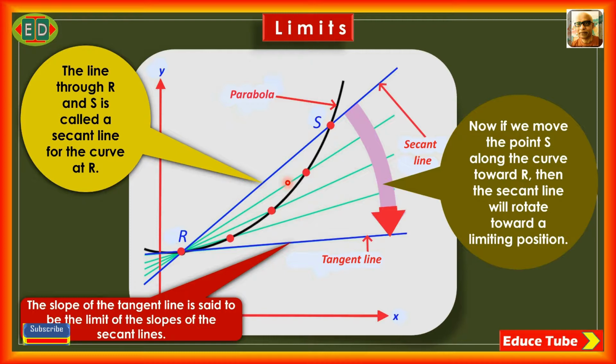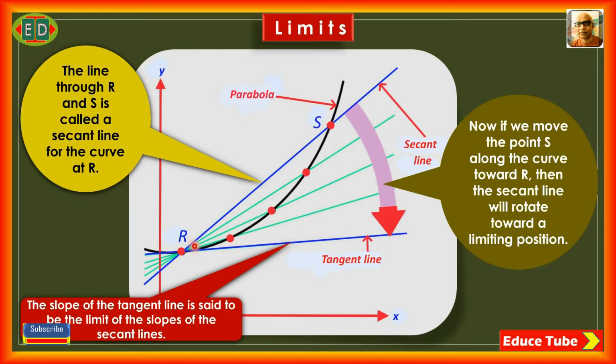Now if we move the point S along the curve towards R, then the secant line will rotate towards a limiting position. This is the limiting position line. The line in this limiting position is what we will consider to be the tangent line at R. We can see it here very clearly.